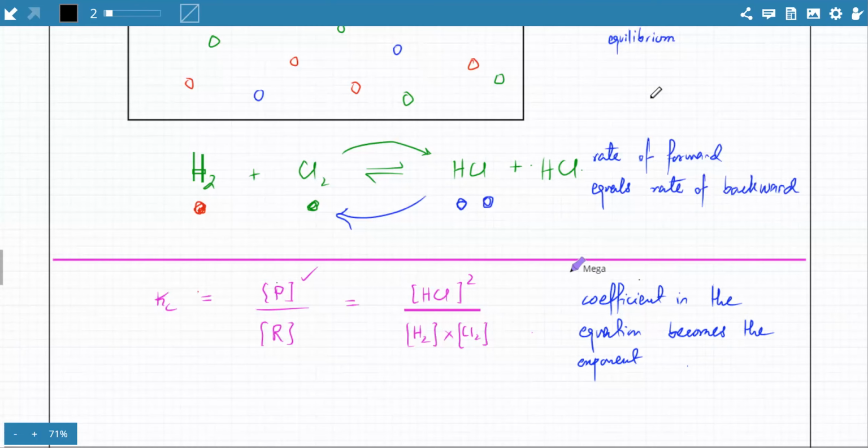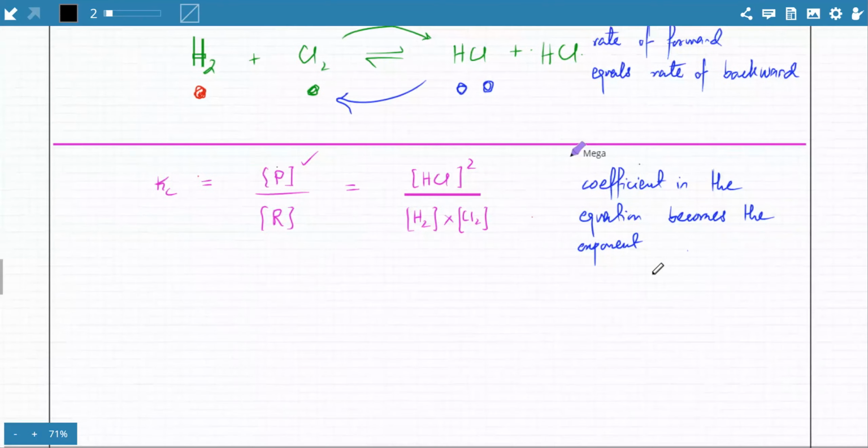Okay, now the next thing I'm going to talk about is the same expressions. Let's do another one. The first thing is learning to write. You have to learn how to write the correct expression. And remember, it's a constant.